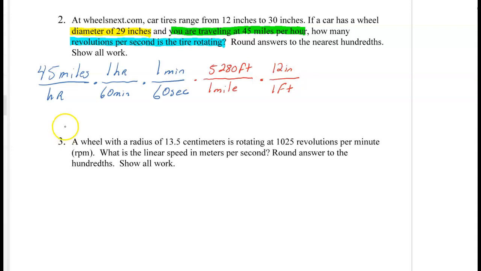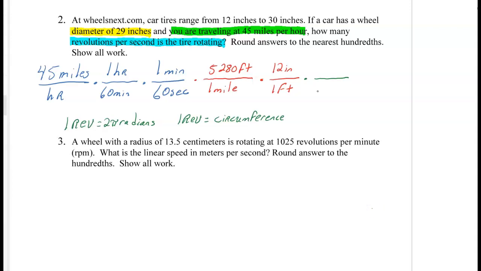So another key conversion factor is 1 revolution is equivalent to 2 pi radians. Also, we know that 1 revolution is equivalent to the circumference. So the last conversion factor, we need to remove inches and get it to revolutions.